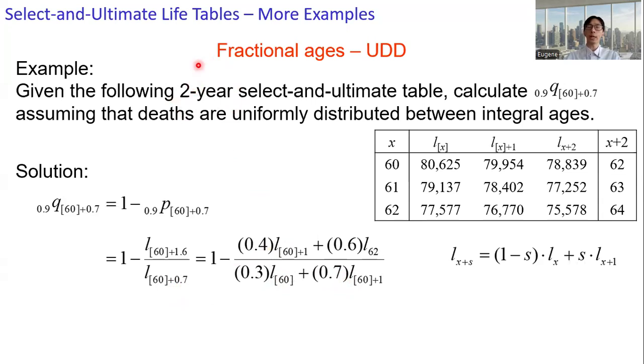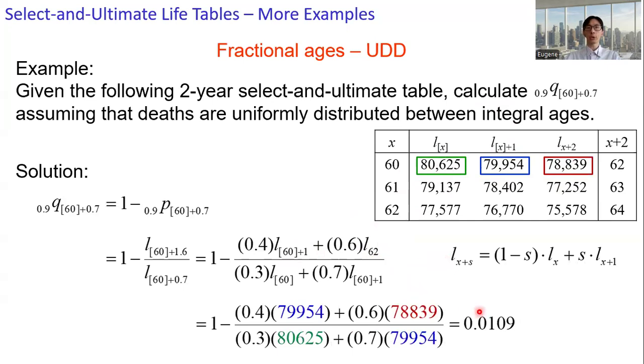Therefore, upon reaching age 62 and beyond, this is the ultimate part. Get the quantities L60 plus 1, L62, L60. Upon calculation, we get 0.0109.